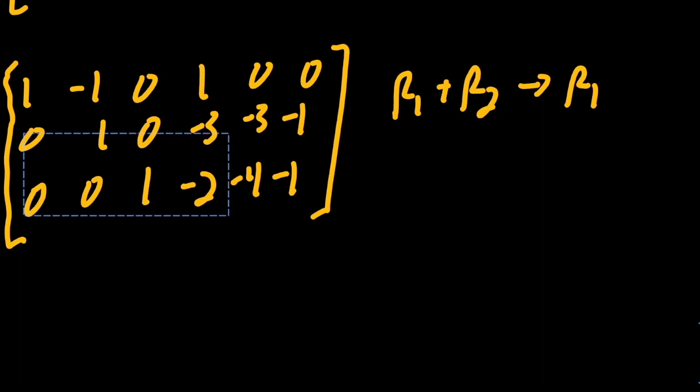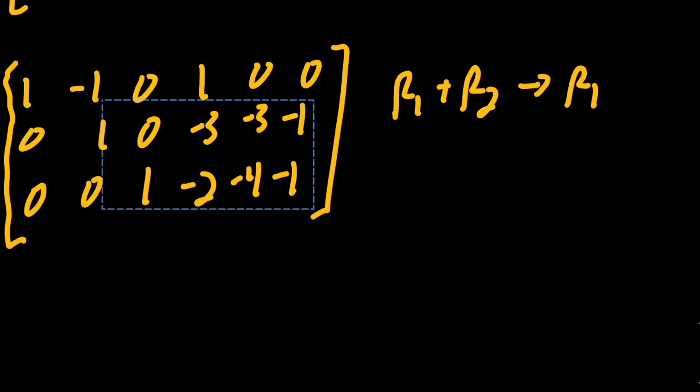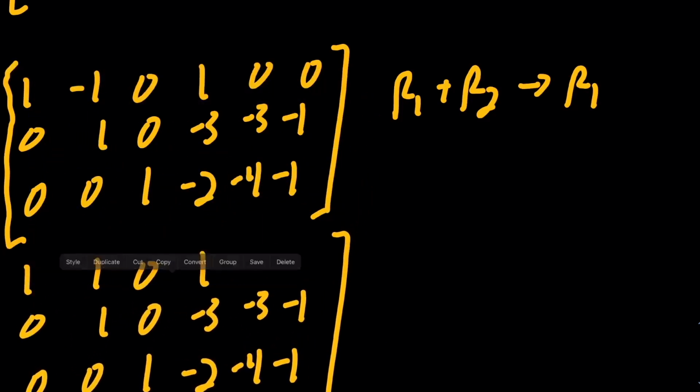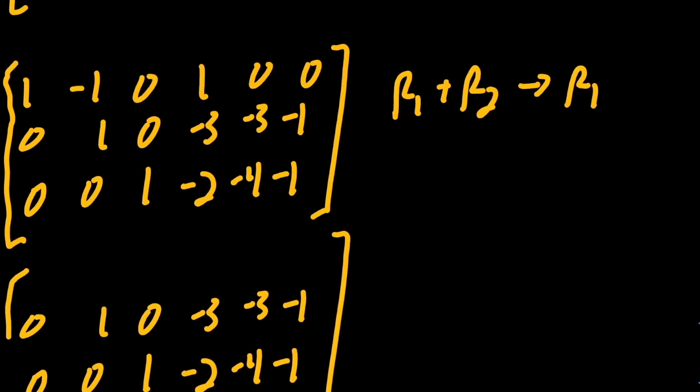Therefore, rows 2 and 3 are the same, and row 1 should be altered. So we get 1, 0, 0, -2, -3, and -1.